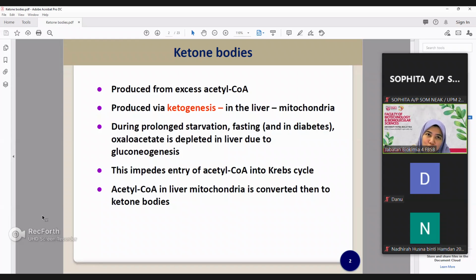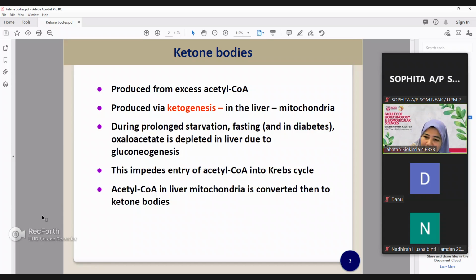Also for those with untreated type 1 diabetes mellitus. You know that diabetes mellitus has type 1 and type 2. What is type 1? What is type 2? What is the difference between type 1 and type 2 diabetes mellitus? For ketogenesis, a person with untreated type 1 diabetes mellitus can also trigger ketone production.